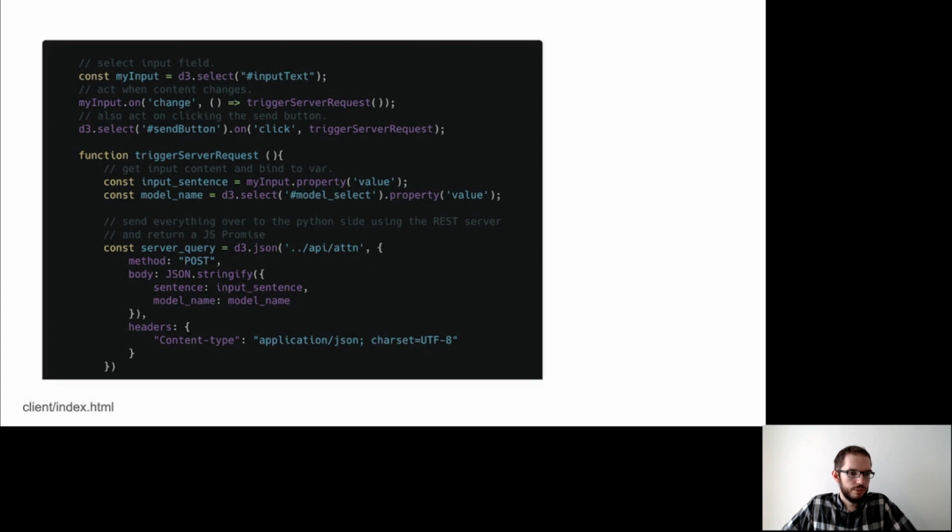And then we define our server query to be a call to the REST server at, if you recall, /api/attention with the method POST, where we simply stringify as JSON the sentence and the model name, which is exactly what we defined to be loaded inside our function in the Flask server.